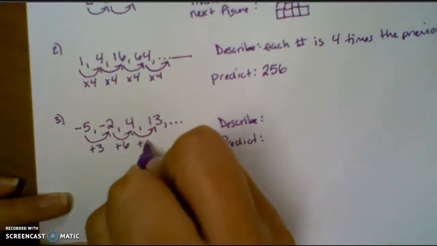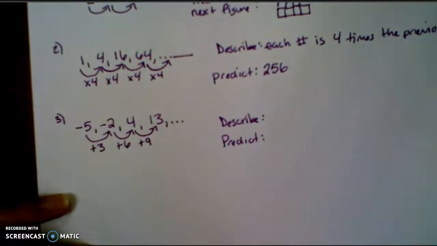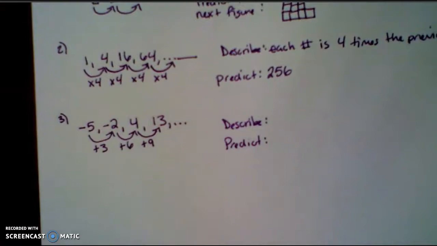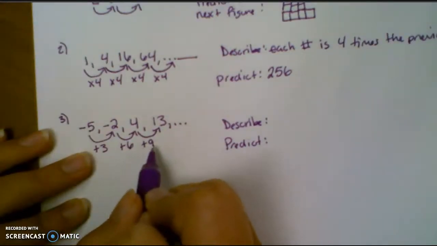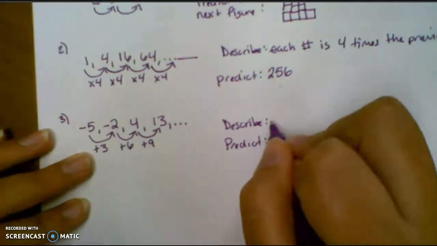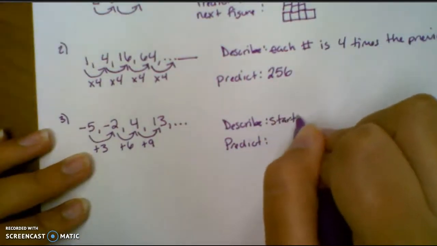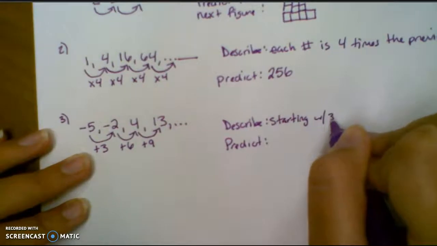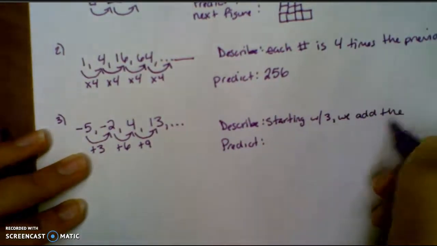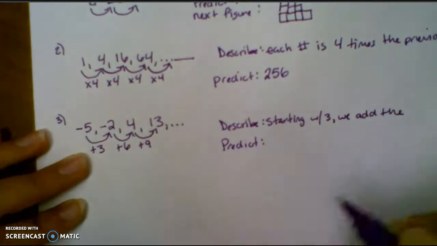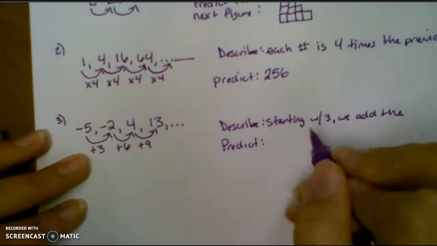We're adding 9. So we're starting with 3 and we're adding the multiples of 3 each time. So starting with 3, we add the multiples, so 3, 6, 9, 12, 15, and so on.